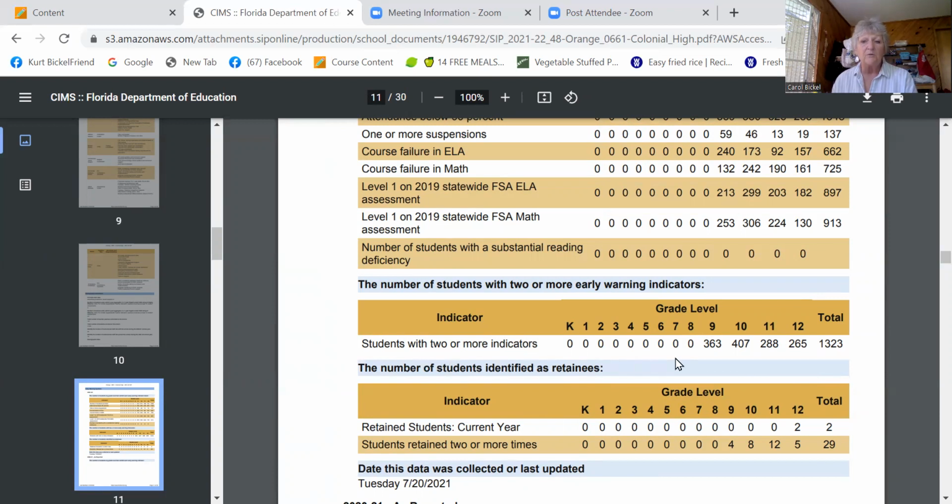If they have more than 2, these are the kids that school counselors would want to focus some time on and maybe do interventions, whether it's study skills, whether it's the importance of attending school, whether it's how to communicate with your peers or authority figures. So all of these right here are students that counselors will want to keep on their radar.